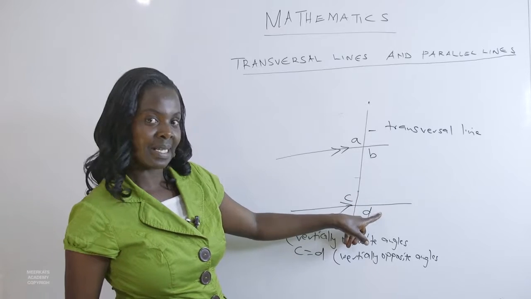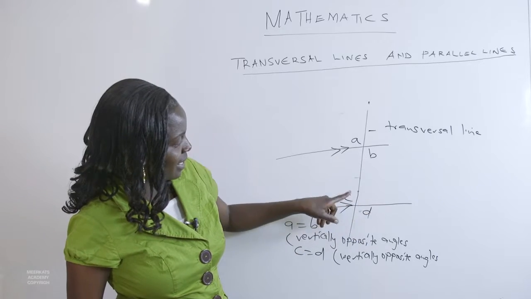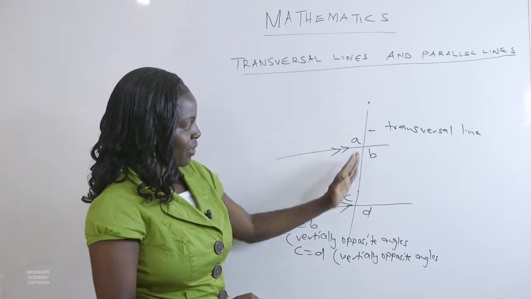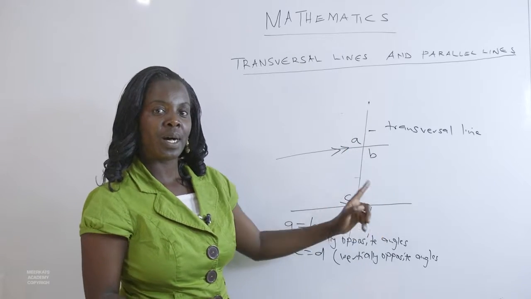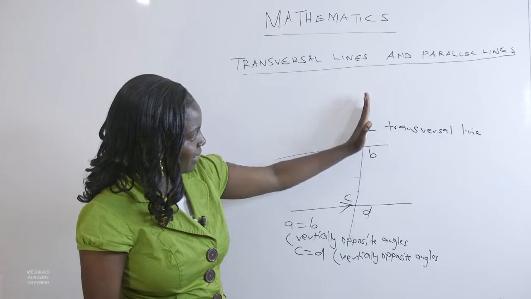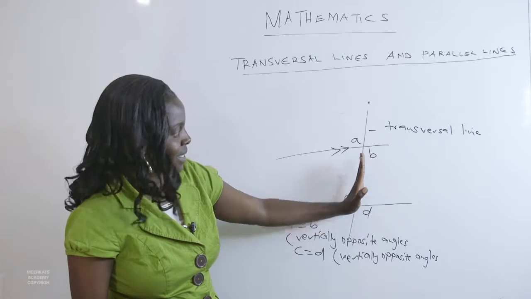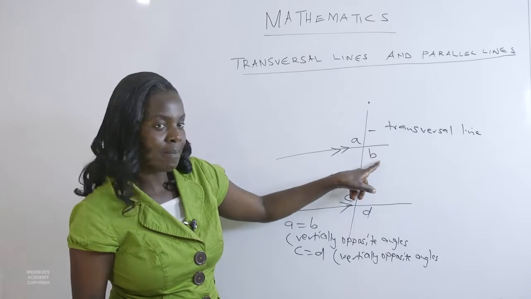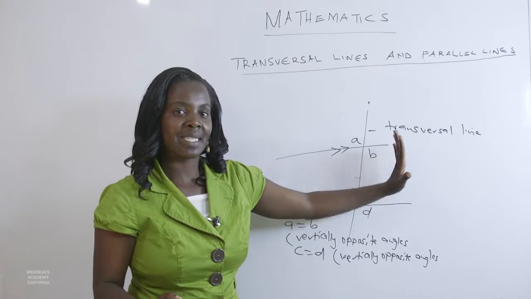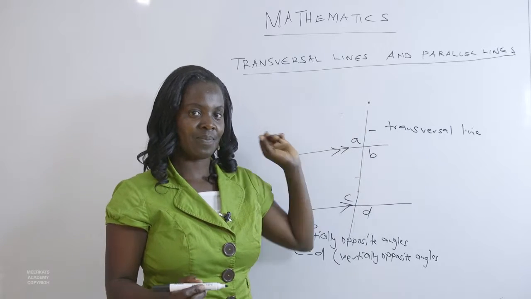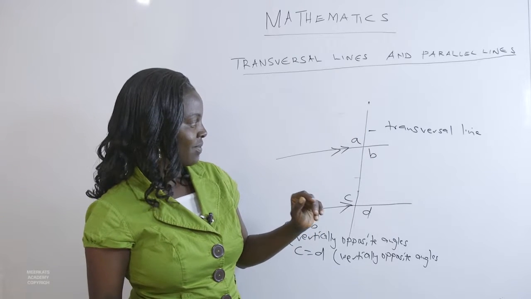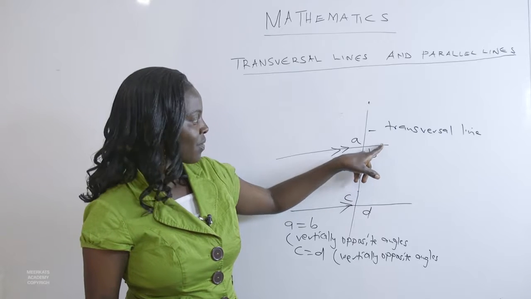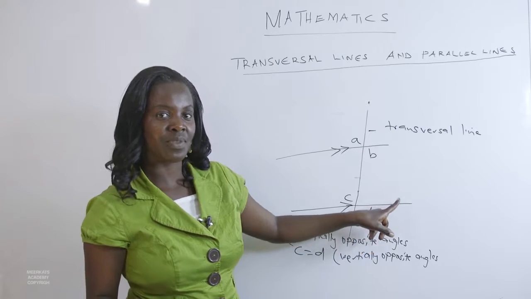Then we now have another angle here and D. B and D, you realize that they are on the same side of the transversal. This is a transversal line cutting across these two parallel lines. You realize if it's cutting through these parallel lines, then we have angles that are formed on this other side. Angle B and angle D are on the same side of the transversal, and this angle is also at the bottom of this line, and this angle is at the bottom of this line.